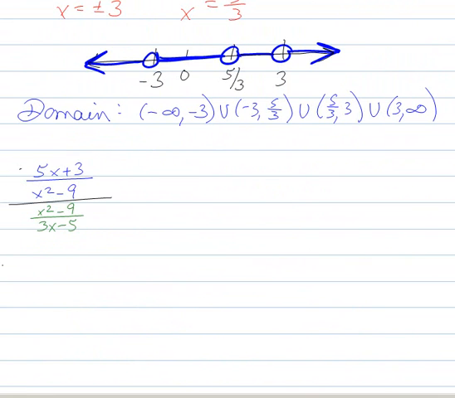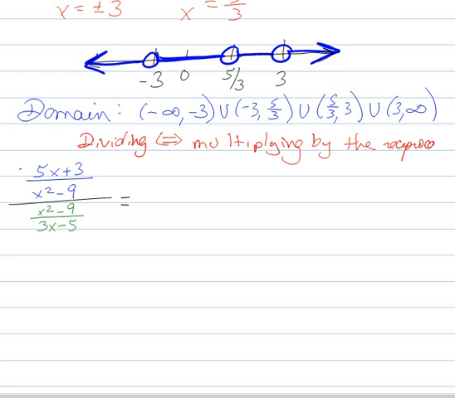Okay. So we need to solve this. So remember when we talked about dividing something? Dividing is the same thing as multiplying by the what? Remember the word? Multiplying by the reciprocal.